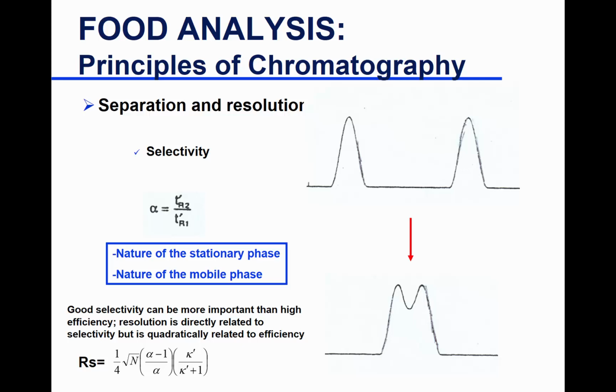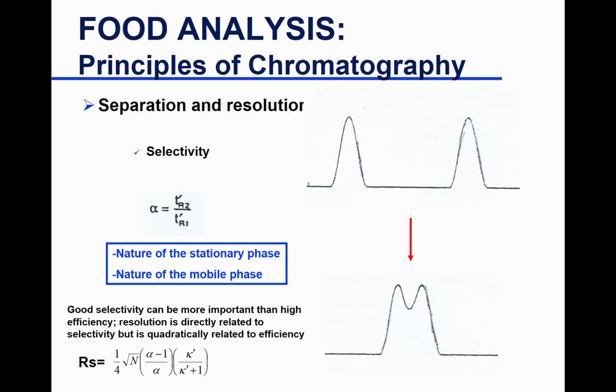And this gives you the relative distance basically between peak 2 and peak 1. The higher the alpha, the better is the resolution and the selectivity, obviously. But when the alpha is 1, for instance, that means you have an overlap and no separation and no selectivity between the two compounds to the column or the stationary phase.